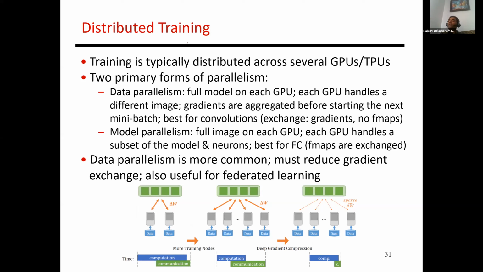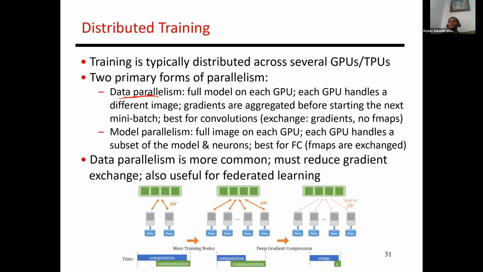You can make things faster, of course, by using a large number of GPUs and a large number of TPUs, right? And so when you put many of these machines to work on your training task, there are different kinds of parallelism that you can exploit, right? So one approach is to do what is called data parallelism, which says that every GPU or every TPU has the entire deep network model, but each GPU is going to handle a different image, right?